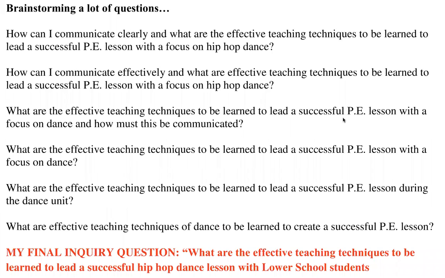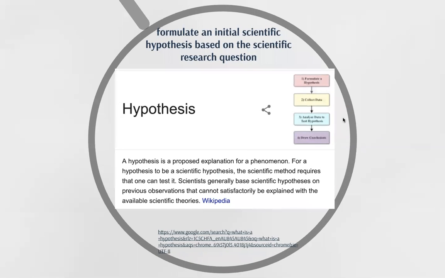But what you need to do is basically be very specific. So when you are developing something like a hypothesis, it needs to be really specific. You need to try and explain what's going on there.